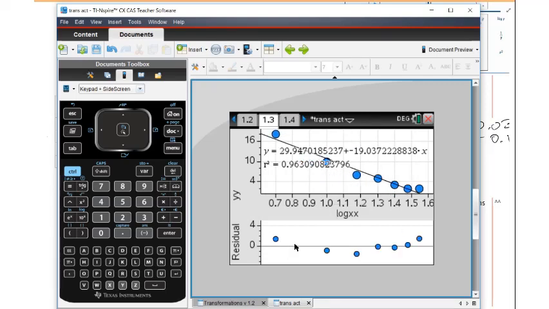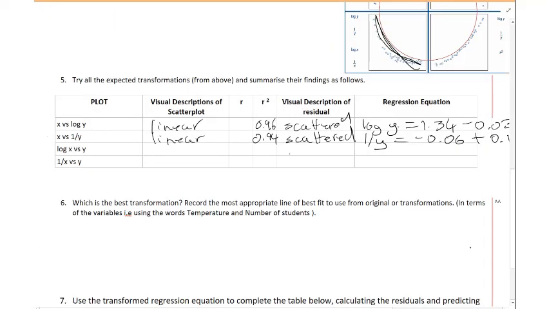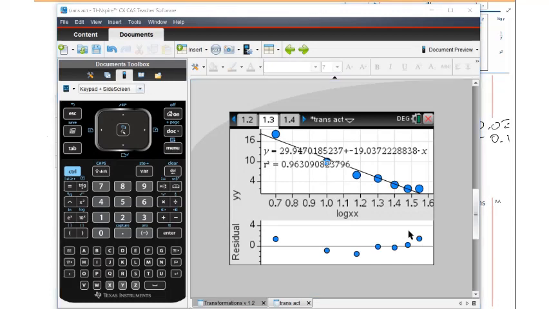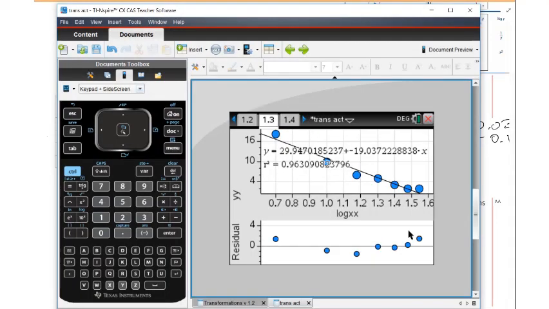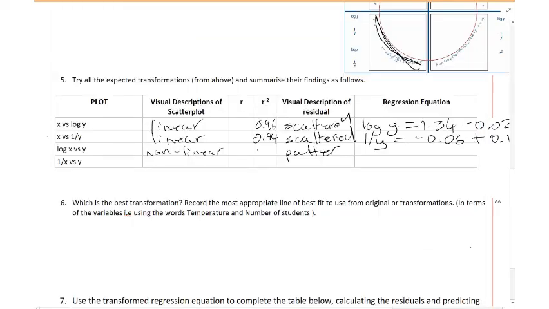And we can see from here that we actually do have a pattern. So I'm going to put pattern here. I'm going to put non-linear. I've got an r squared of 0.96.